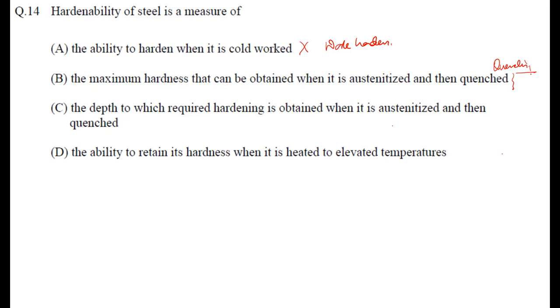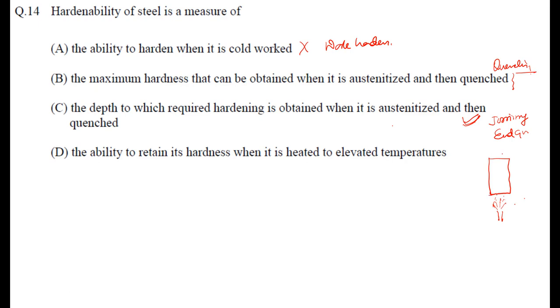The depth to which required hardening is obtained when it is austenite and then quenched. Yeah, this is the correct answer, because the method to find the hardenability is the Jominy end quench test, where we take a heated sample and spray water.